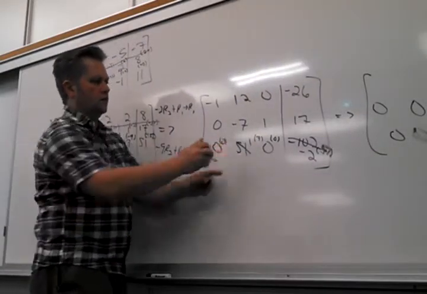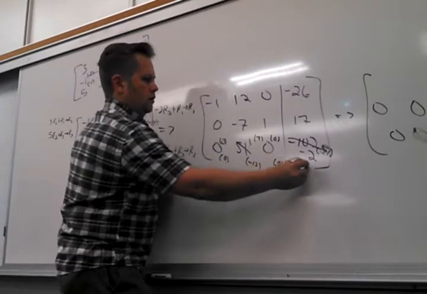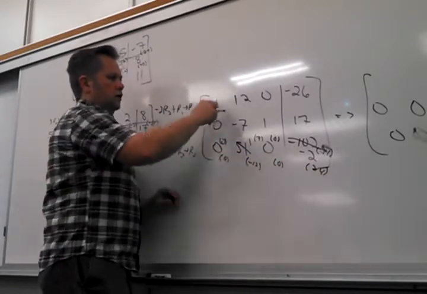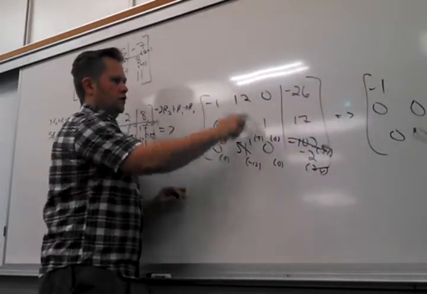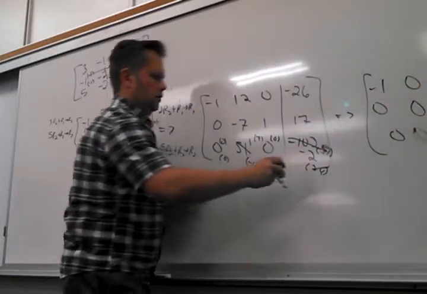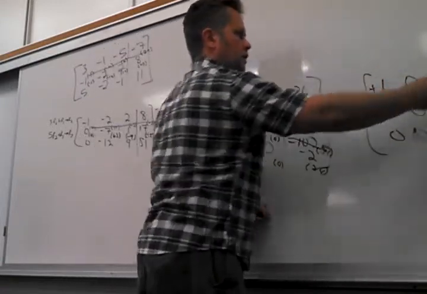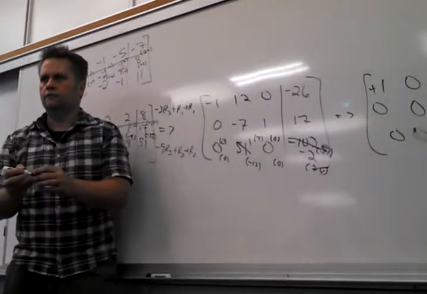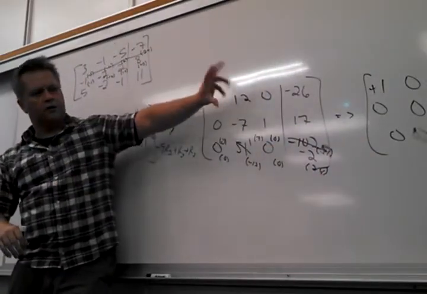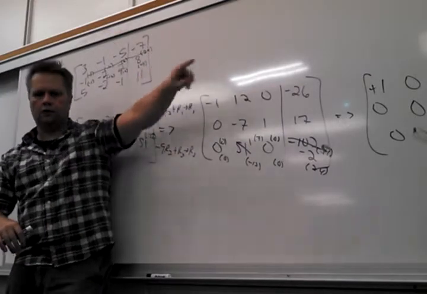And then I multiply this by negative 12. 0 and negative 1 is negative 1. Negative 12 and 12 is 0. 0 and 0 is 0. 24 minus 26 is negative 2. And then I multiply this by negative 1. Bam. And it's just out of order there, right? But you can still see it's 2, negative 2, 3.